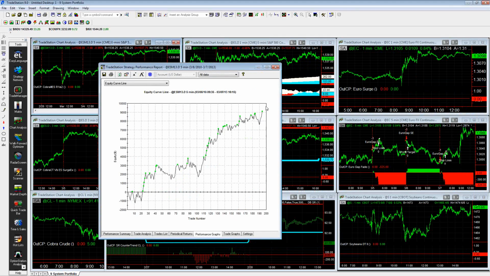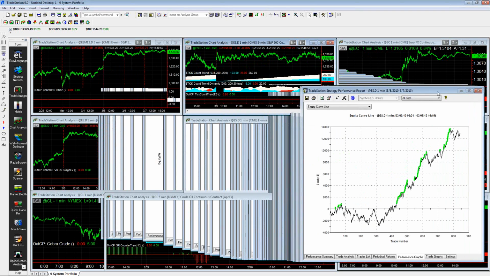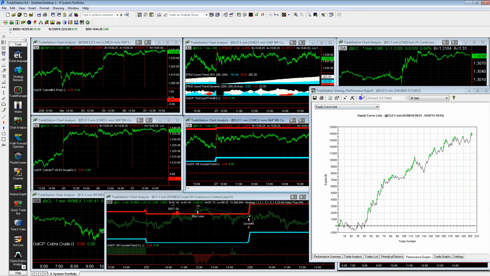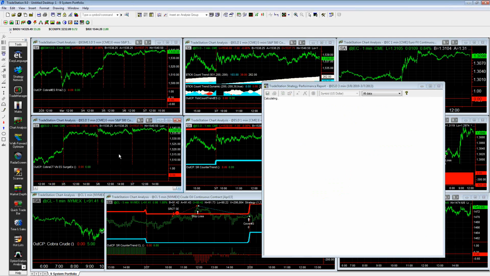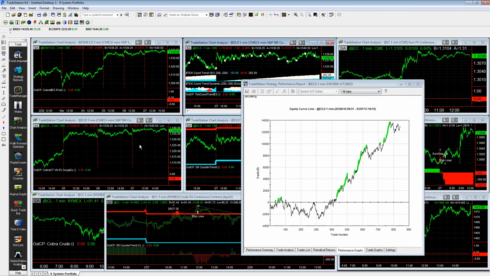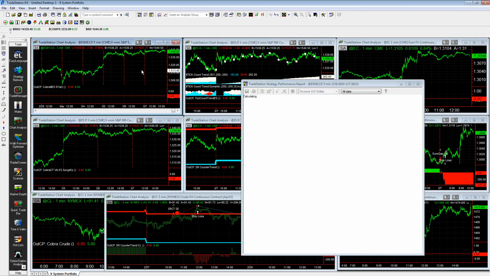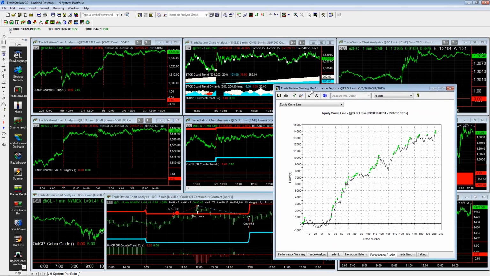So you see Cobra III is at an equity peak, and tick count trend has run up, but it's still in a drawdown from its highest peak. SR counter trend is near an equity peak with a little bit of a drawdown, and then Cobra CT5B has a drawdown.